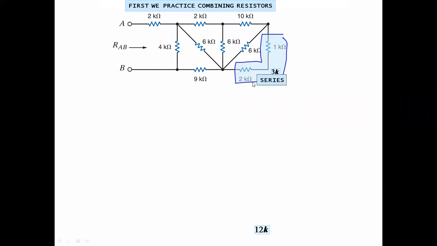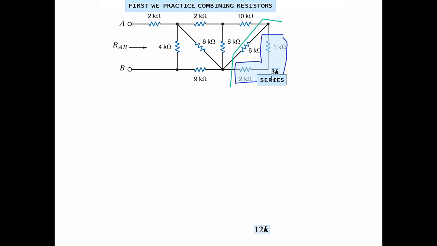If resistances are in series, their total resistance is simply the addition. By adding these two, the total resistance for this branch will be 3 kilo ohm, right? That's why we'll get 3K. This will be your step number 1. First of all, we'll add these two resistances.